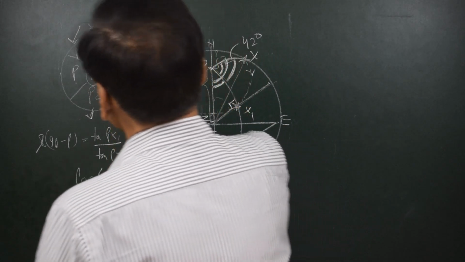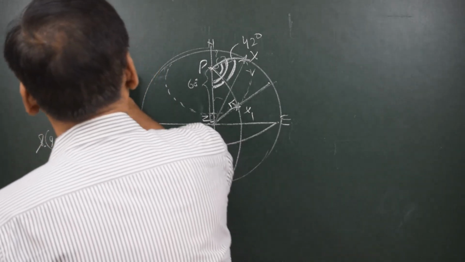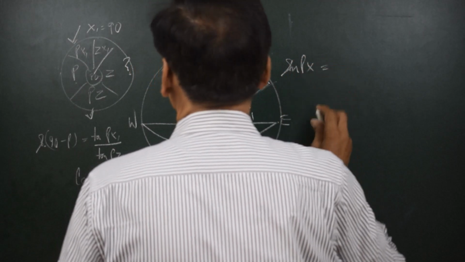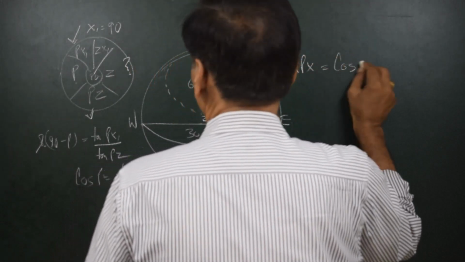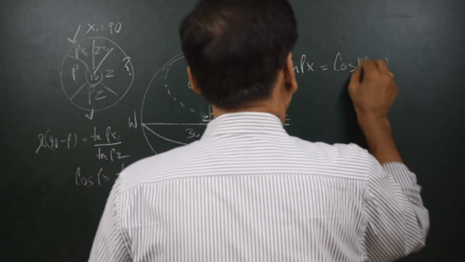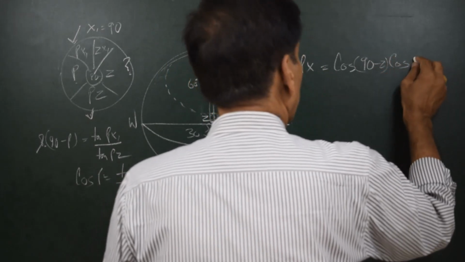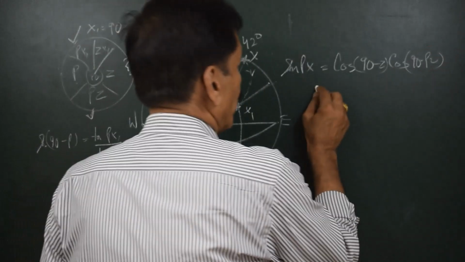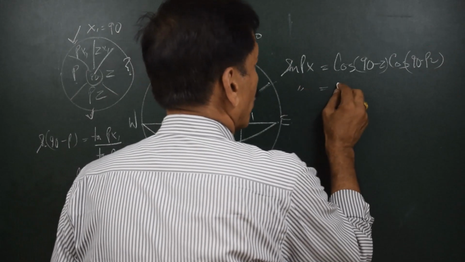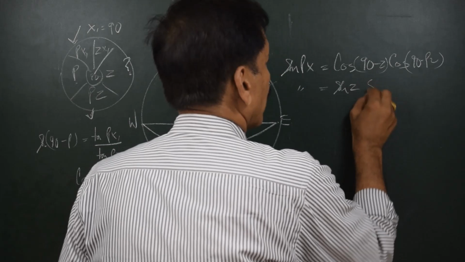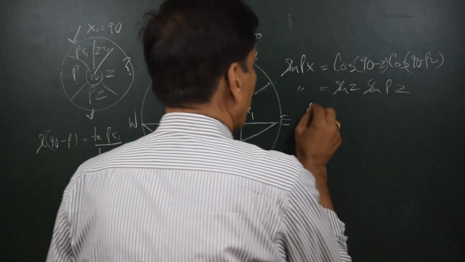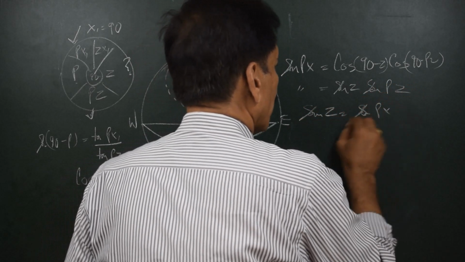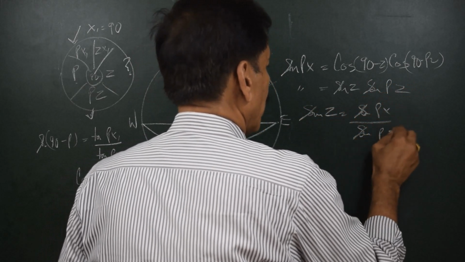So I'll use the second rule, and the second rule is sine of the middle part, that is sine of Px, is equal to cos of the opposite, cos 90 minus Z, cos 90 minus Pz. So this means sin Px is equal to sin Z sin Pz, and therefore sin Z is equal to sin Px upon sin Pz.